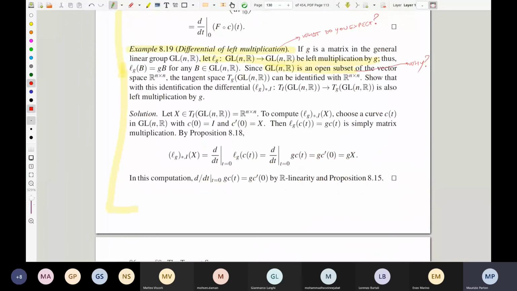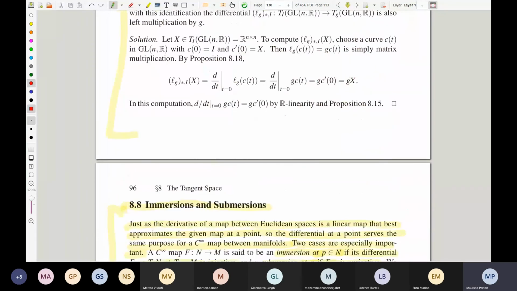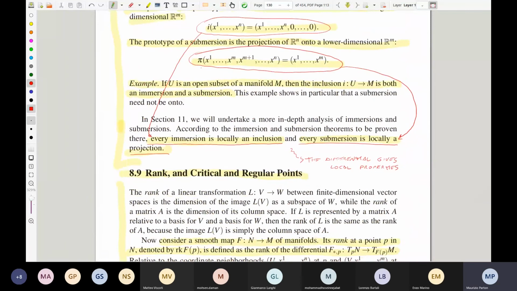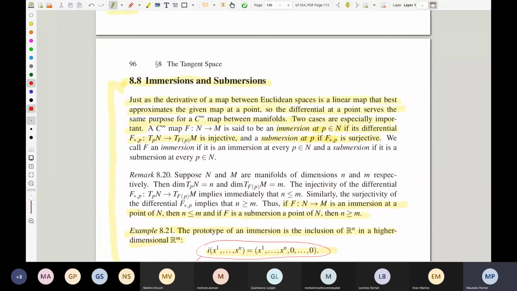Okay, I think we can skip this and we can go to the tangent bundle. Now there is a very big part that I'm skipping. I invite you to read it, which is a part regarding what happens when you have a subset in a manifold.